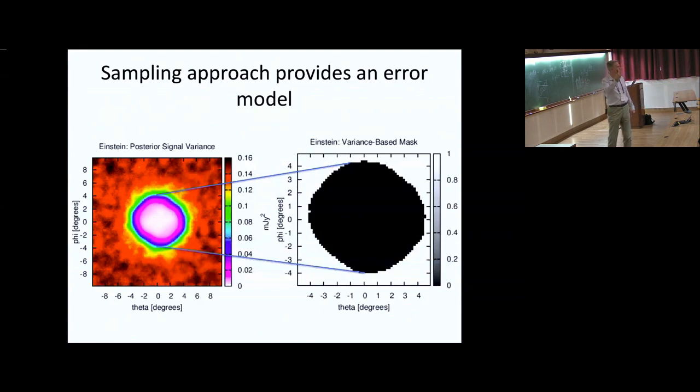We take all these samples that we get, we calculate the variance per pixel, and so we can then say, for example, that in this range here the variance is low, so we're very confident that the reconstruction is good. As we go farther away, we get less information, etc. So this is one of the advantages of Bayesian modeling, Bayesian inference, that it always comes with a full characterization of the uncertainties.